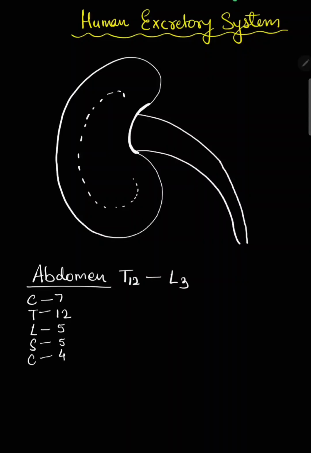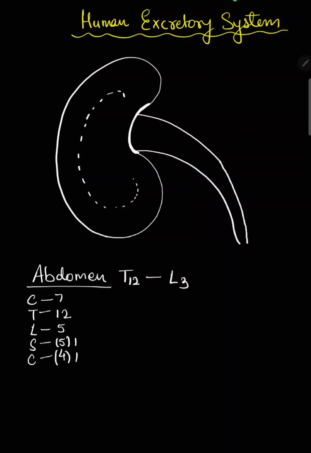Later they are fused, so we can write it like this: 5 fused to form 1, 4 fused to form 1. Between the 12th thoracic and the 3rd lumbar, our kidneys are situated on both sides, the left and the right kidney.